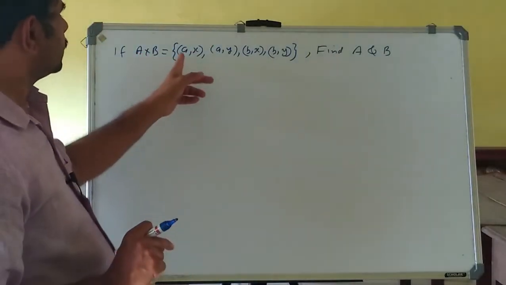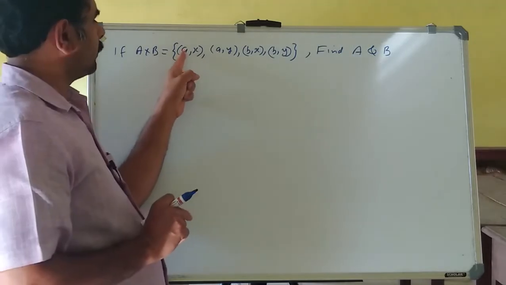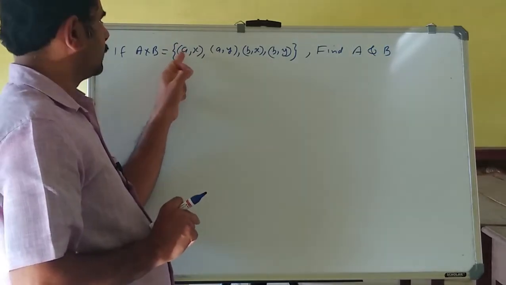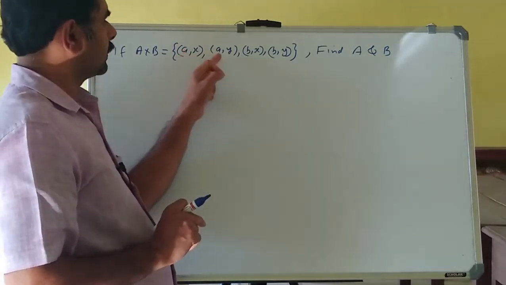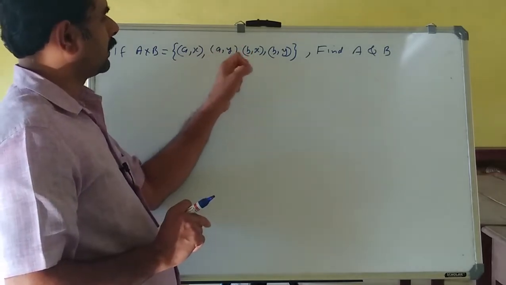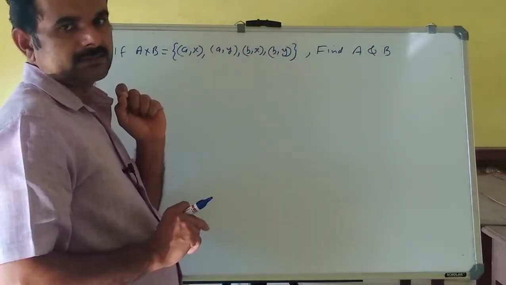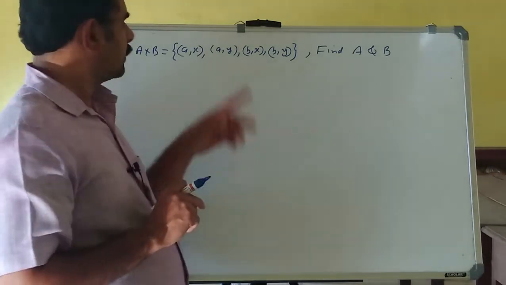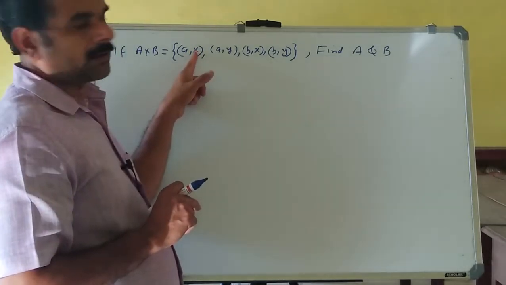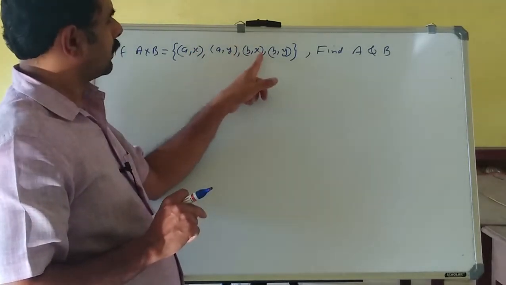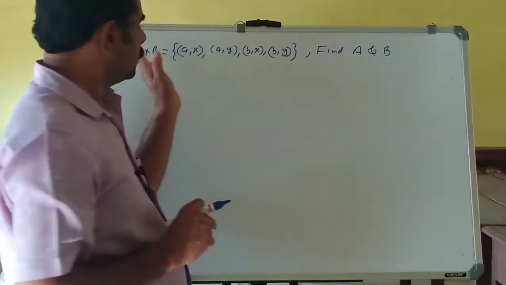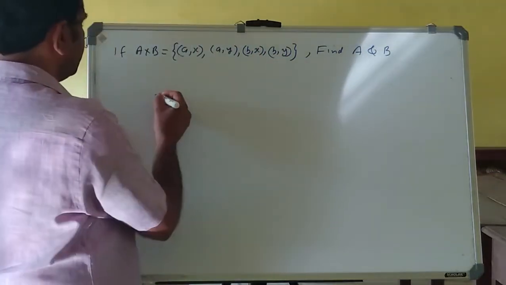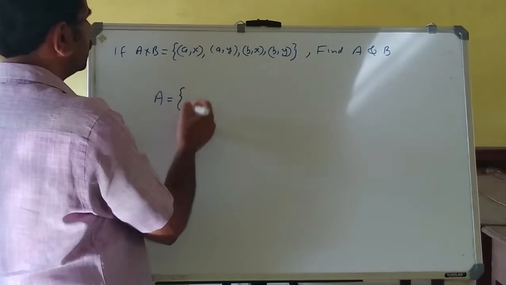By looking here, the first number is from capital A, and the second number is from capital B. So by looking here, we can take capital A equal to what?